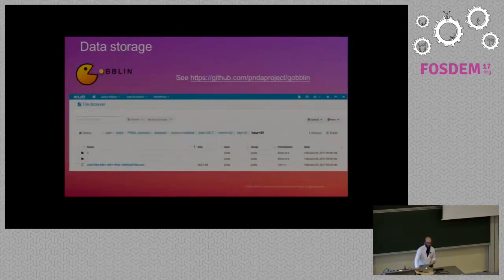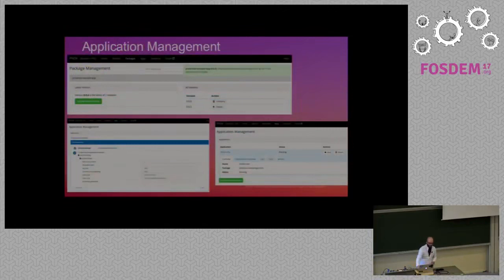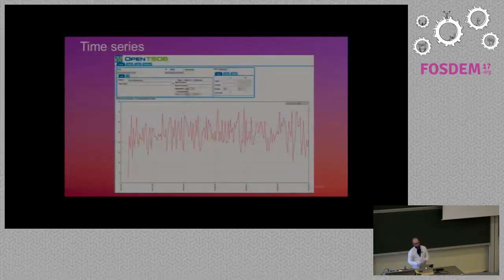On the data storage part, I showed you that with Gobblin everything is stored in the HDFS, but you can use also HBase as part of the platform. The application management is made simple. You just deploy a package and it is automatically deployed within the Hadoop cluster. And then after, you've got all the time series and the Impala interface available.